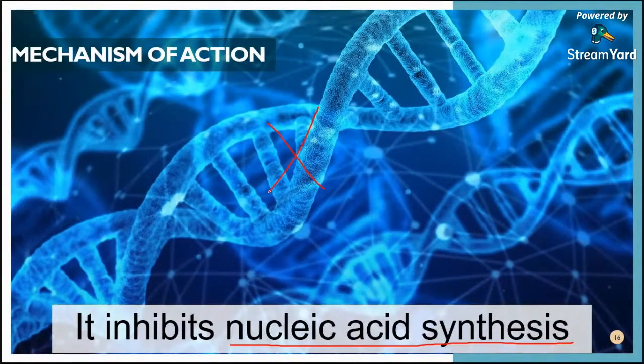Once DNA does not form, RNA will not form from DNA, and from RNA, protein will not form. Due to the deficiency of these nucleic acids as well as protein, the parasites get killed. By this way, metronidazole acts by inhibition of nucleic acid synthesis.